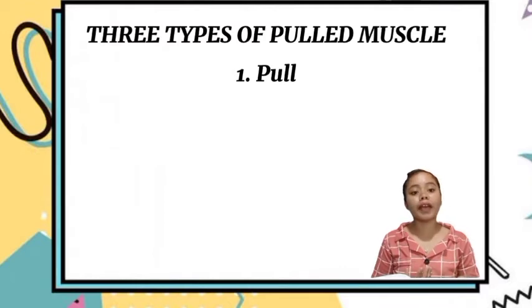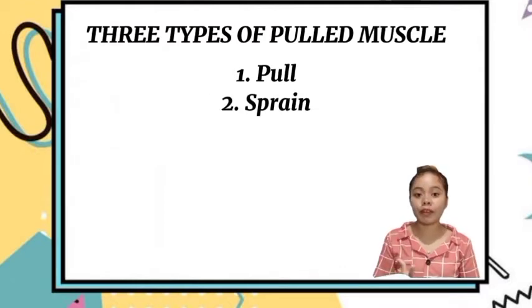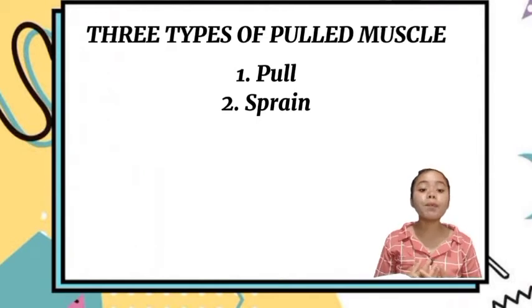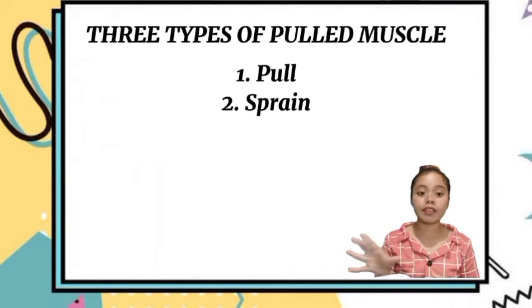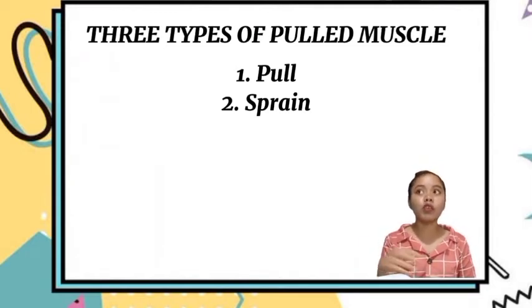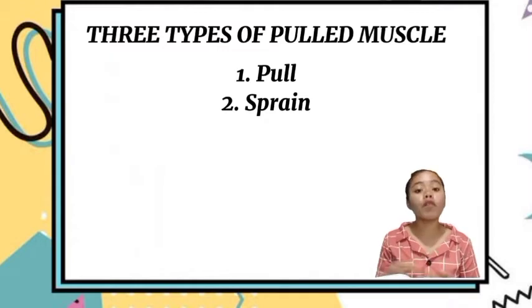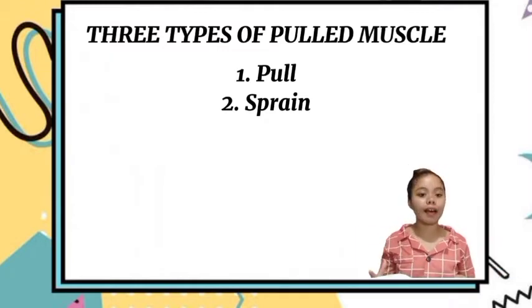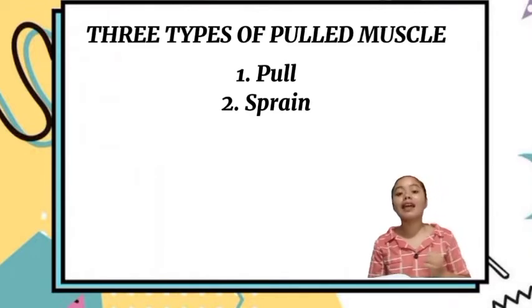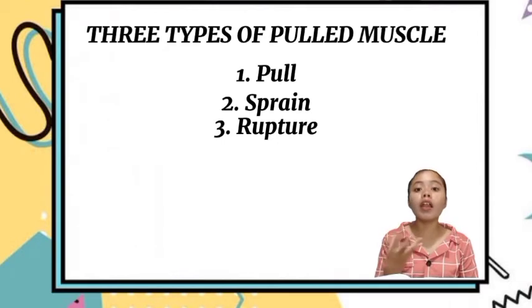Second one is the sprain. Commonly, makikita po natin to sa mga basketball players. It limits the use of your muscles for over a 1 month. So, over a 1 month po bago gumaling ang ating sprain. And the last one is the worst, the rupture or full rupture.